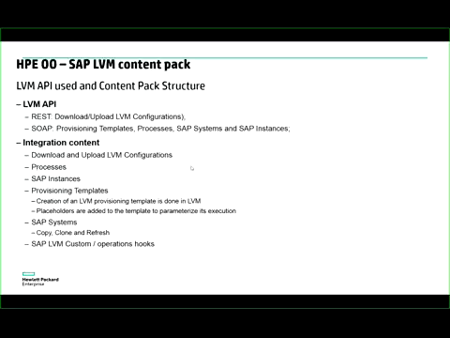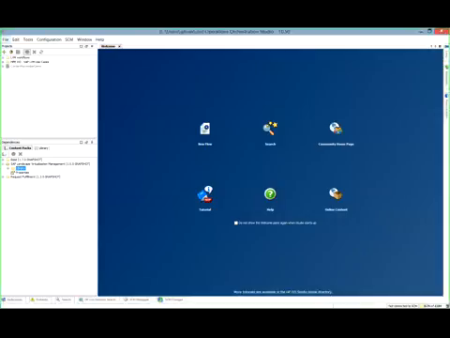This implies interaction with LVM provisioning templates, processes, and operations made on SAP systems and instances. The content pack consists of 5 folders covering the API services I just mentioned. Now I'm switching to Operations Orchestration Studio to show you the content pack structure that we've developed.